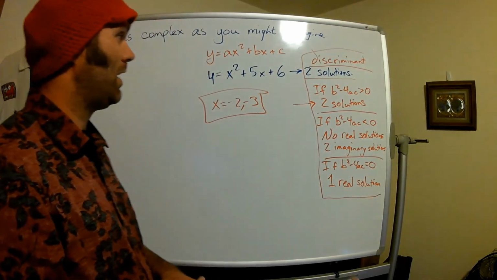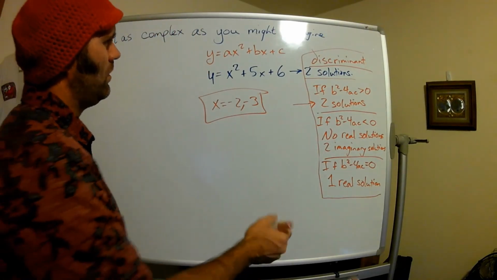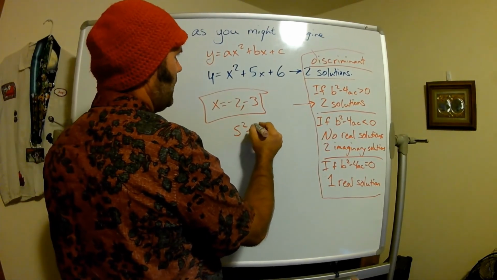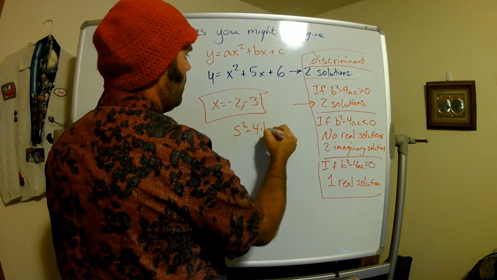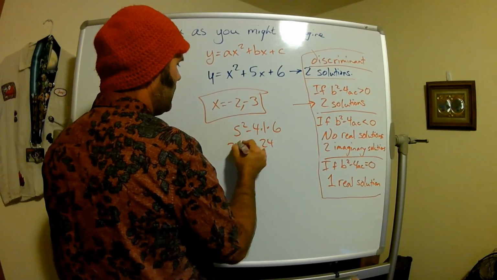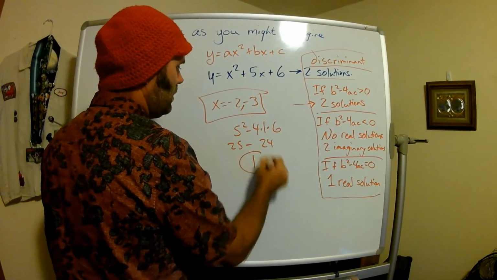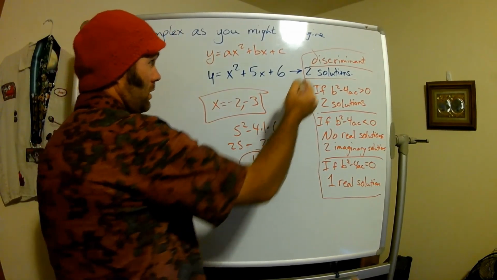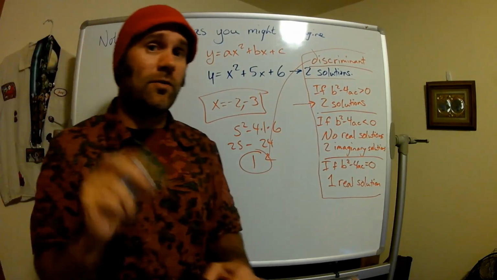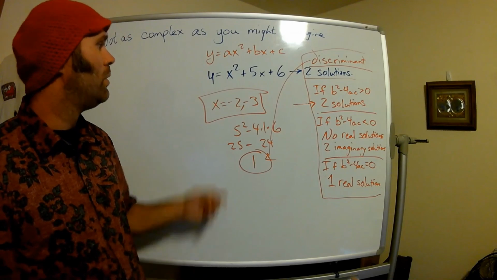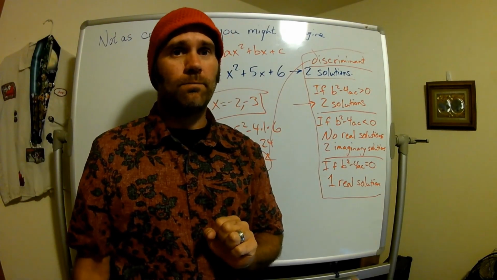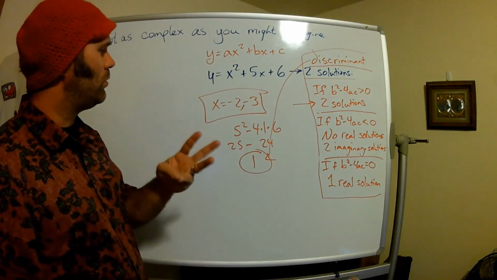So in this case, it was b squared minus 4ac, so it's 5 squared minus 4 times 1 times 6, which became 24, and that was 25 minus 24, which was 1. So the discriminant, in this case, was 1. So in each problem you want to do those 3 things.